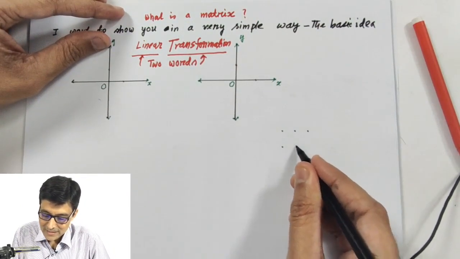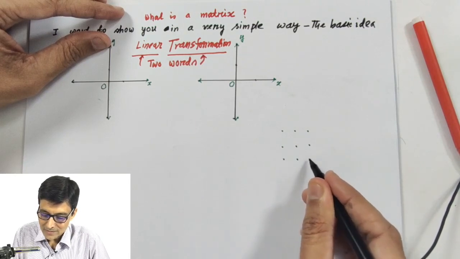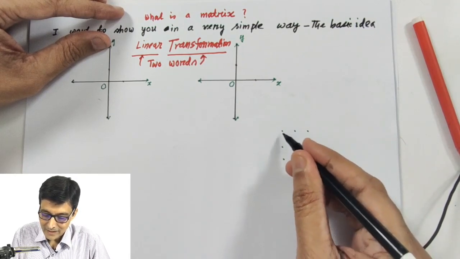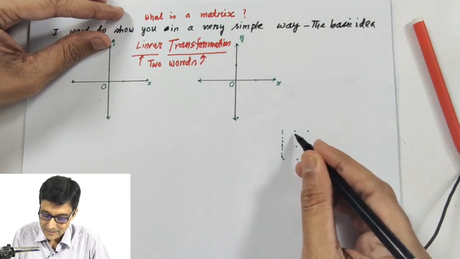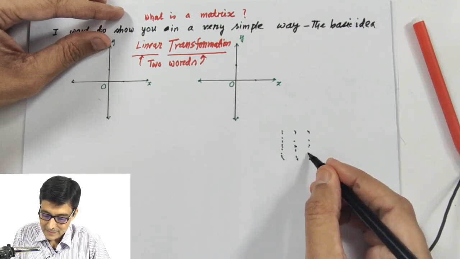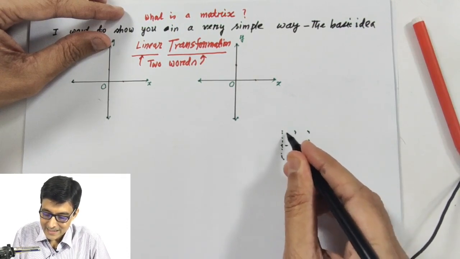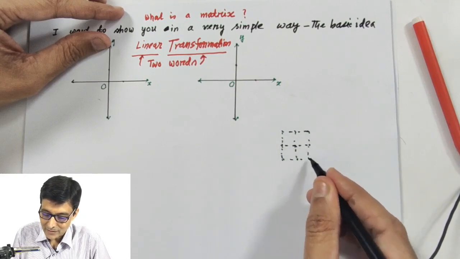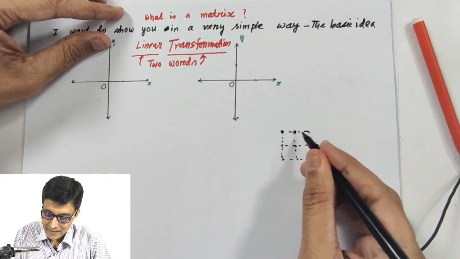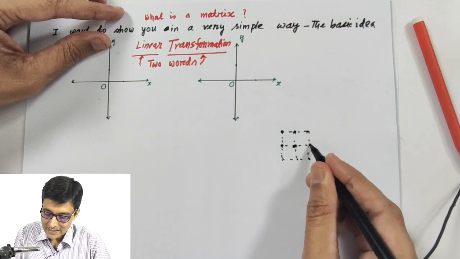if you have these 3 rows and 3 columns, and at the intersection of all the rows and columns there are numbers. So it can be like this.